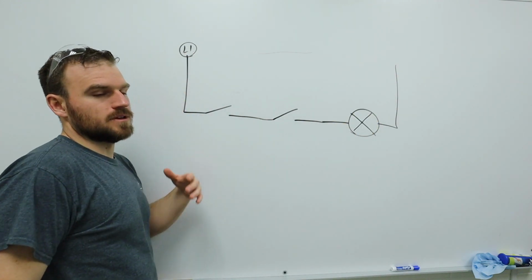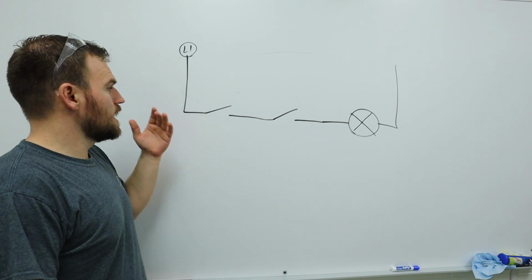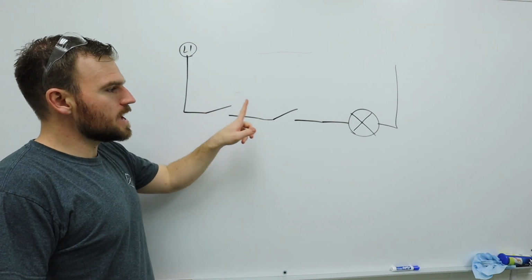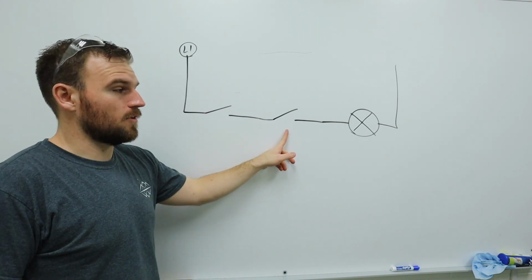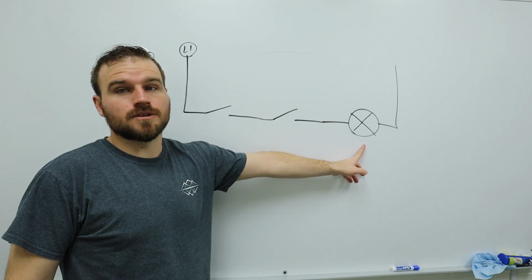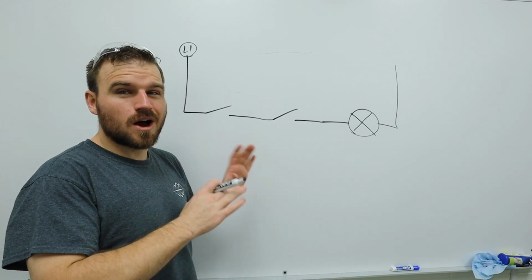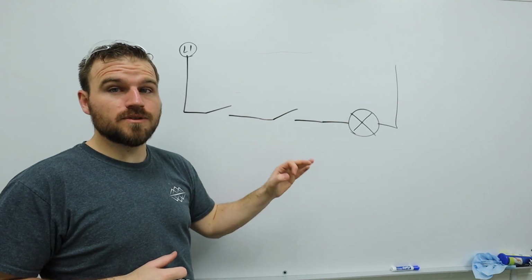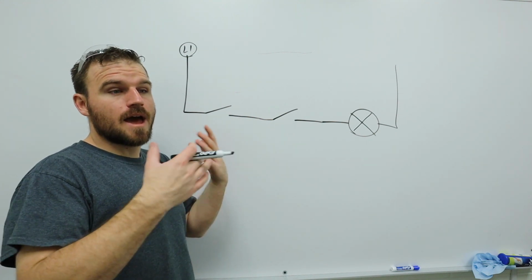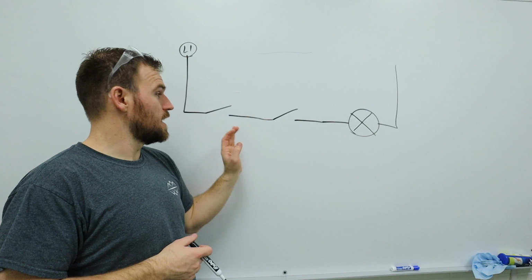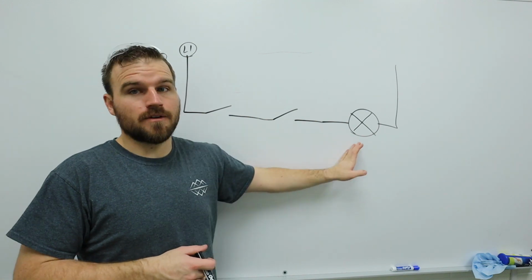So every time you go up to a circuit, you're going to say, if this switch and this switch are pressed down, this light will turn on. Get in the habit of walking through the circuit and saying what you need to have happen, and really get in the habit of saying AND if multiple things need to happen together, okay?